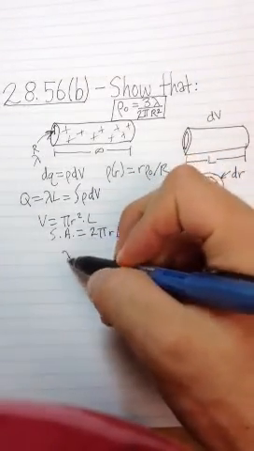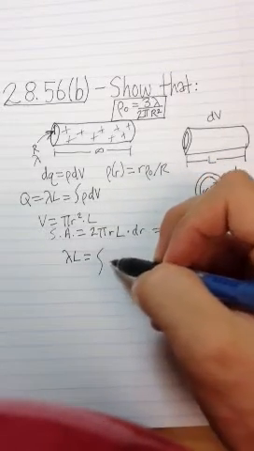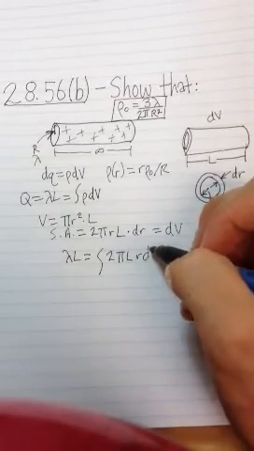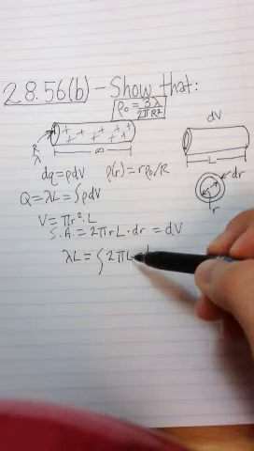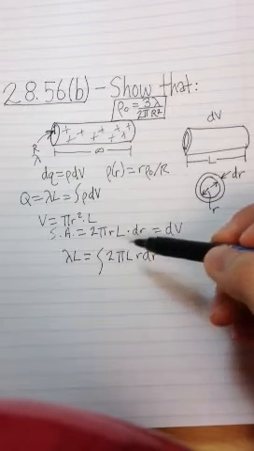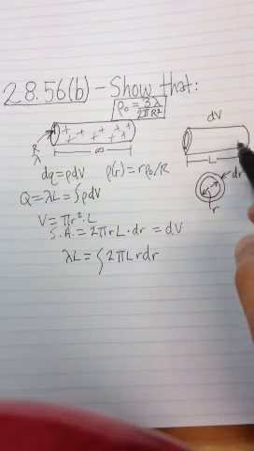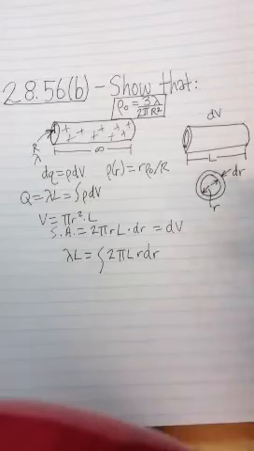So we say that lambda L equals the integral of rho times 2 pi L r dr. But we can pull out the 2 pi L because obviously 2 pi is a constant, and L is also a constant when we're setting it as a cylindrical shell. And L will cancel out, as you'll see.